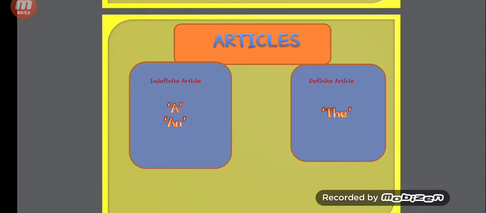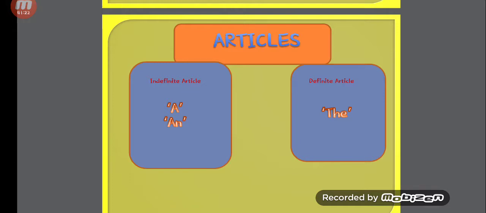If it begins with a vowel, we place an, otherwise a. We should write he saw a girl and not he saw girl. He is a fool, not he is fool. The correct way of writing.